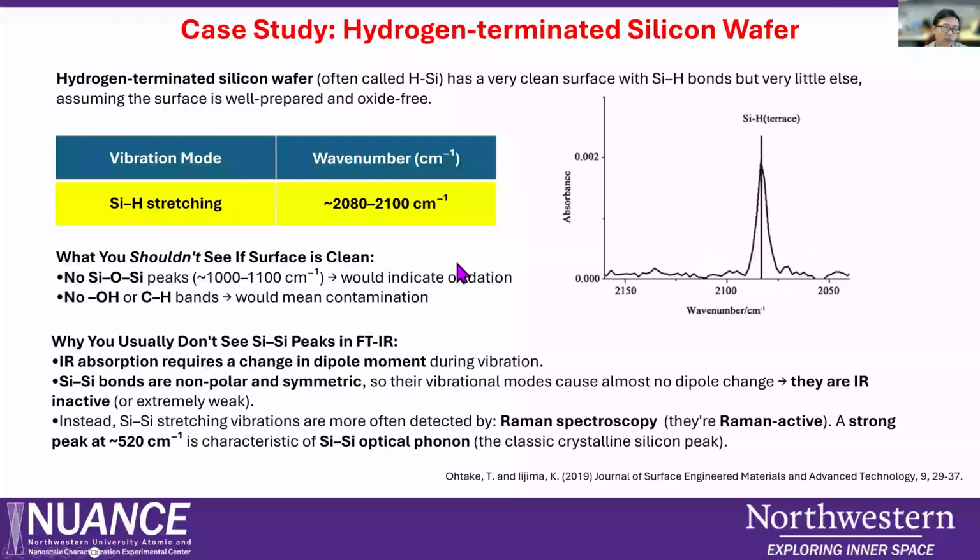If you detect an OH peak or a carbon hydrogen peak on the surface, that means the surface is contaminated. If you detect the silicon oxygen peak at 1000, it means your surface got oxidized. So IR can be used as quality control of your sample.